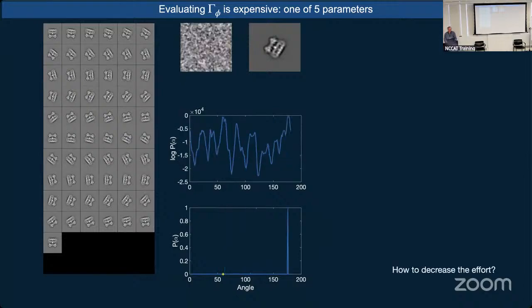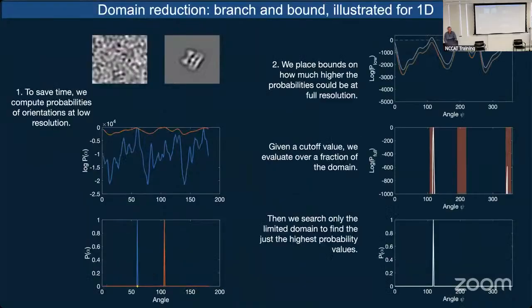Here it is at the right value again. Here's the wrong value again. So how are we going to do it? We can't just pick the peak value. We're going to have to do this horrible integration over all possible orientations.